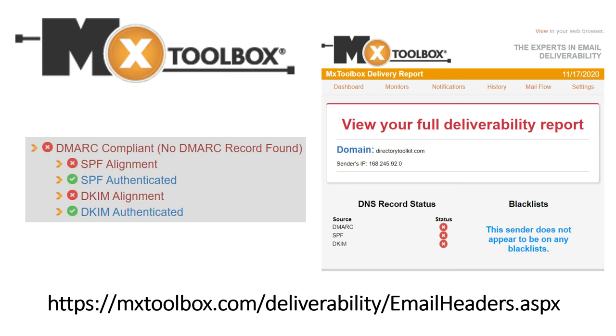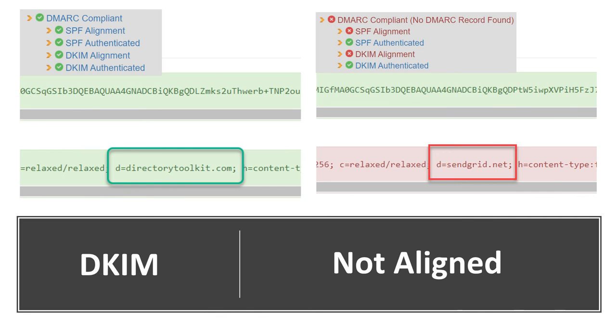Here's where some items will not pass. Even if your DKIM is authenticated, it may not pass because the actual domain in that setting is not your actual domain. For example, on the left is one from another service where I set up a SendGrid account.